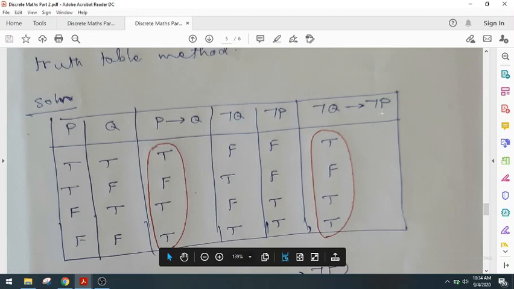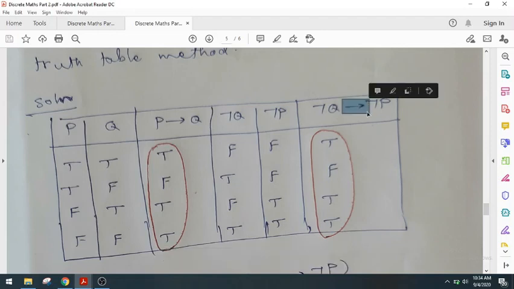Then negation Q then negation P. Here again we use the if-then condition.